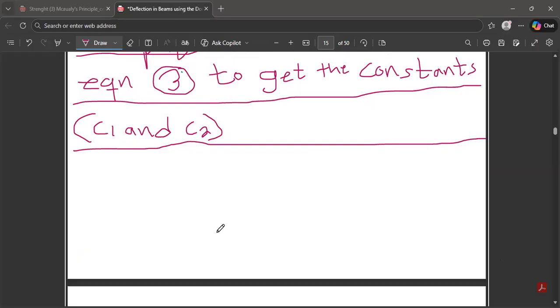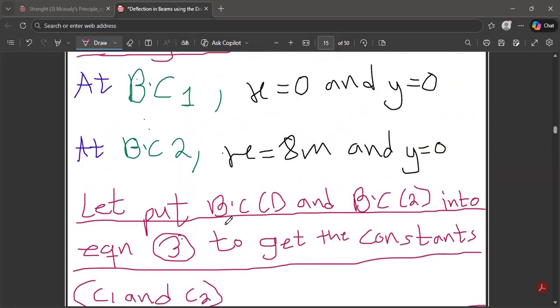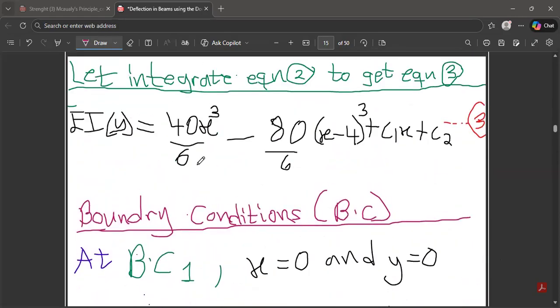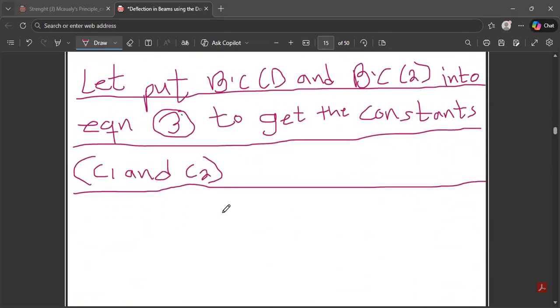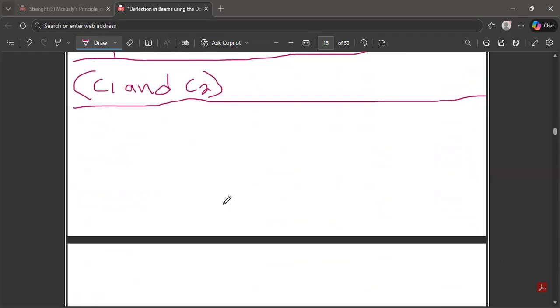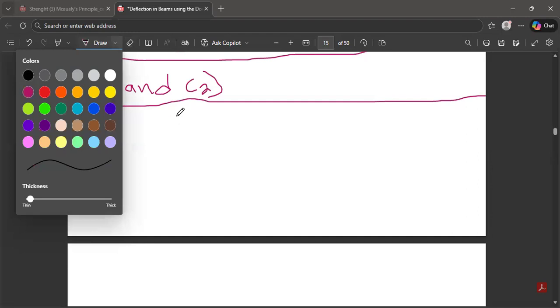Okay, good. Our equation 3. What did we get for our equation 3? Let's quickly write equation 3, and then we can put the boundary conditions into it.